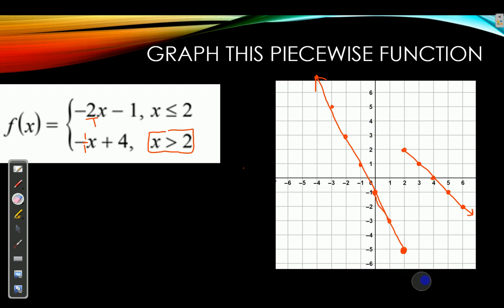So I'll erase that one down there as well. And I should check my domain. There's no equal to sign on this second one. So technically this should be an open dot right there. So I'll draw a nice open dot. And there we have our piecewise graph. So first you draw the line, but then only connect the dots where you're supposed to, using the domain.